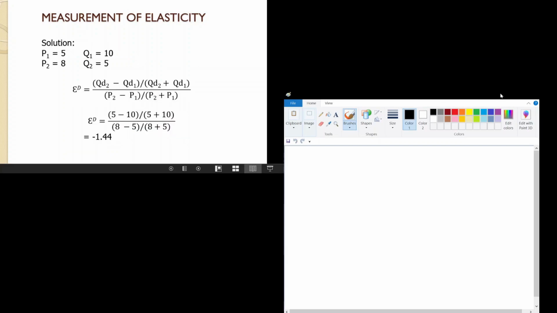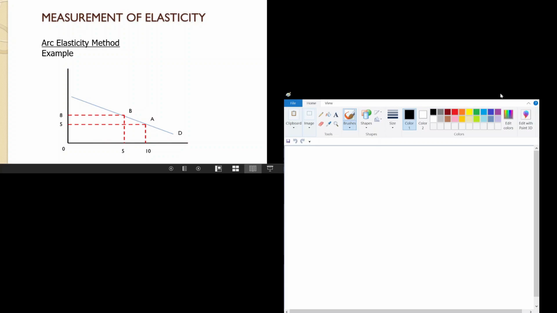So, we can write na parang ganito. Ganyan muna so that you can see. So, isulat natin yung given. So, we have, syempre, given muna yung point A natin, di ba? Is 5 and 10. So, yung Q sub 1 natin is equal to 10.